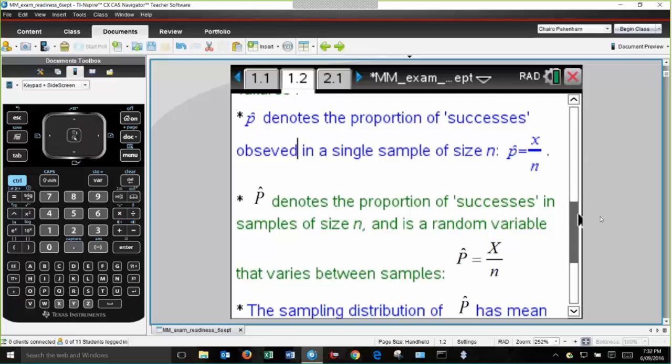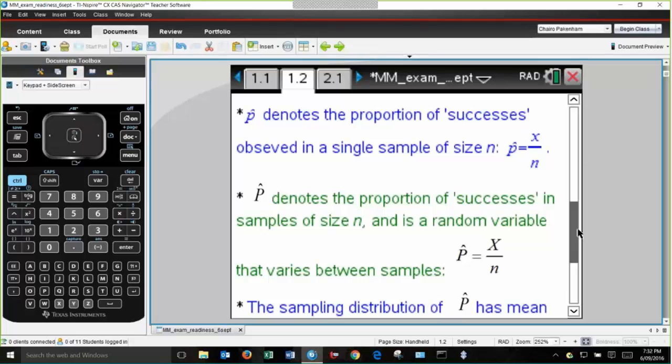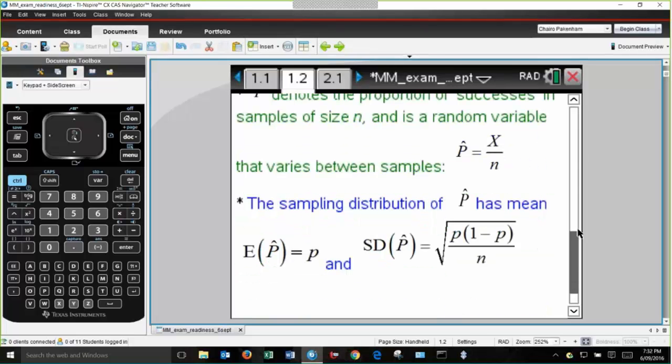The sampling distribution of p hat has a mean of p and a standard deviation of the square root of p(1 minus p) over n. Those formulas are supplied on the new formula sheet.